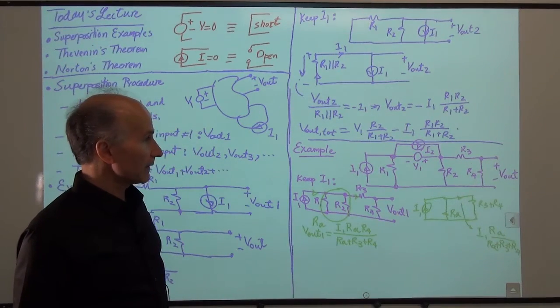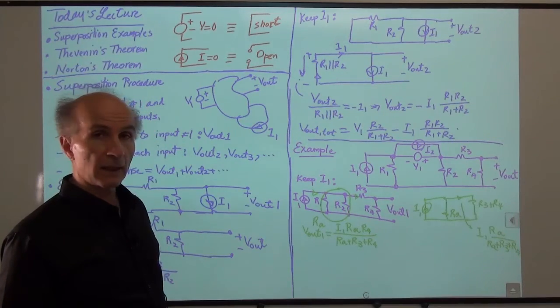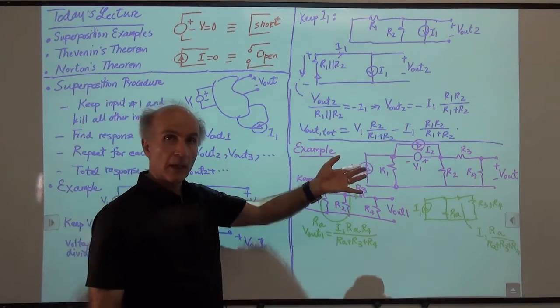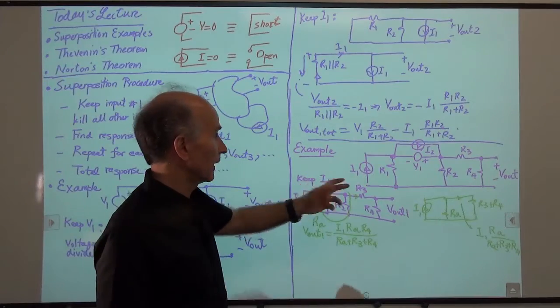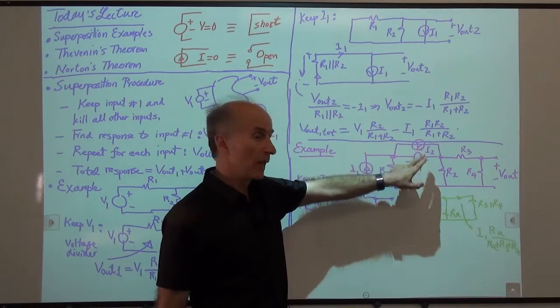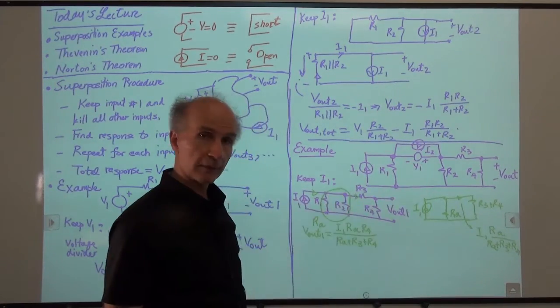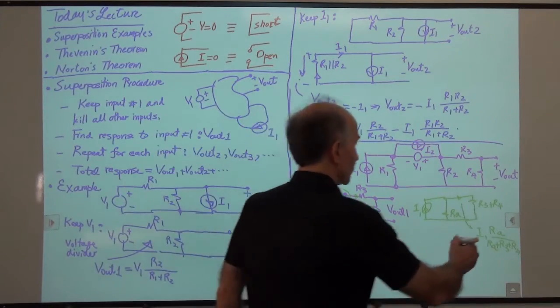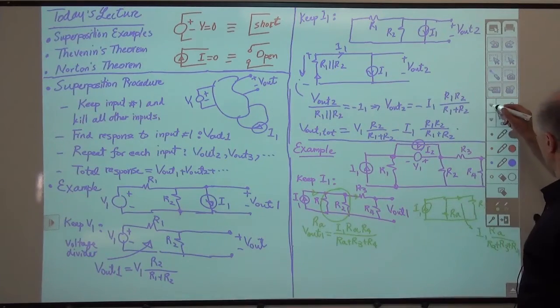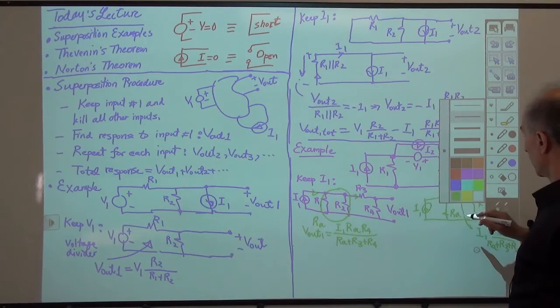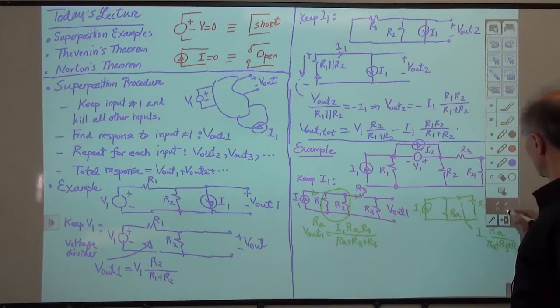All right, so in the next step, we have to go and keep another input and kill all the others. So let's go ahead and, for example, keep I2, and we set these two to 0. Let me change the color here. We go to red.